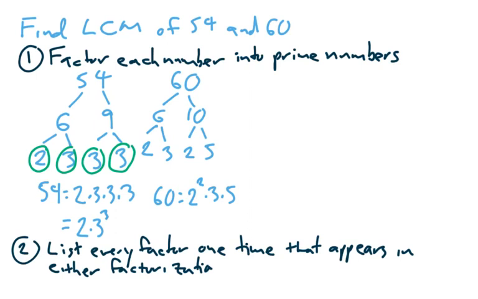What do I mean by that? If I look at my 54 and my 60, I notice that the 54 has some 2's and some 3's, and the 60 has 2's and 3's also, but it also has a 5. What step 2 is going to ask me to do is to just simply list a 2, a 3, and a 5.